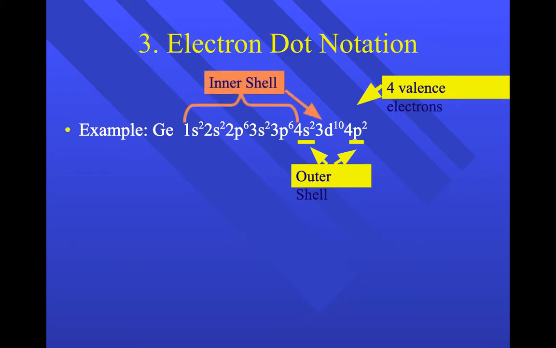All those other ones that we see there are inner shell. They are lower down in the energy levels, and so they are not involved in bonding. Now, sometimes you'll learn, if you take AP Chem, and when you go to college and take chemistry, that these electrons, for various reasons, will shift out of those patterns to a more stable pattern.